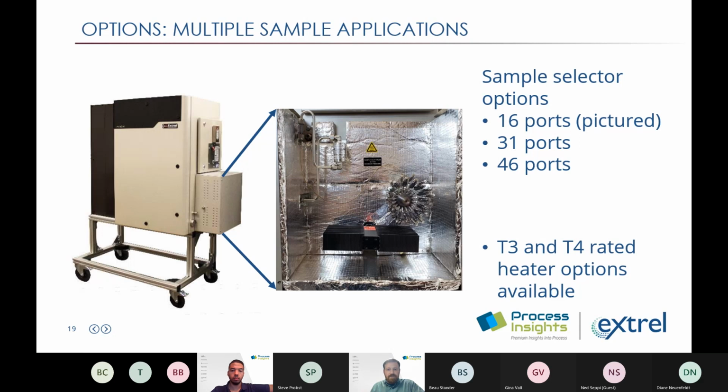So the calibration bottles, if they're permanently plumbed, are ready for doing any kind of automated measurements or any kind of scheduled measurement that's required for the flare application. So we'll get into that a little bit. Most systems have one of these units, which gives them 16 sample ports. Sometimes if the site is looking at significantly more, they might have a 31 port config, which would be 2 of those selector heads.